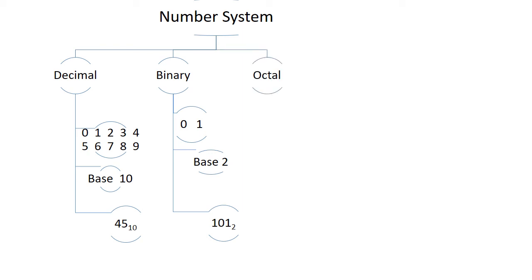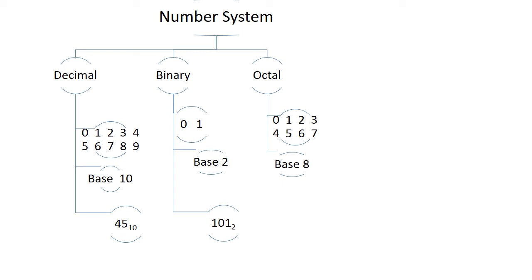Now, the octal number system starts with 0 and ends at 7. How many digits are there in the octal number system? Octal has 8 digits. So the base for the octal number system is 8.